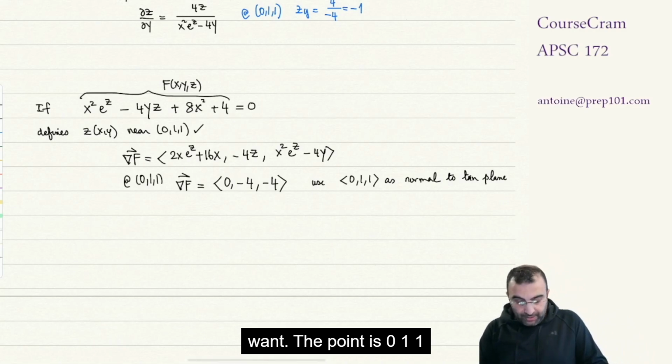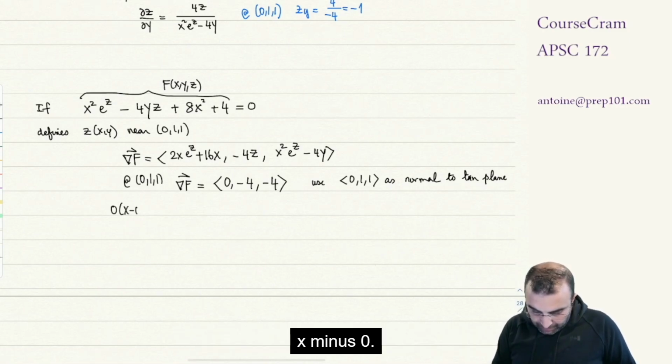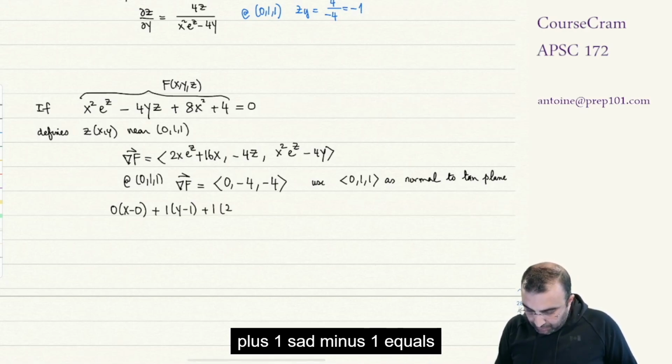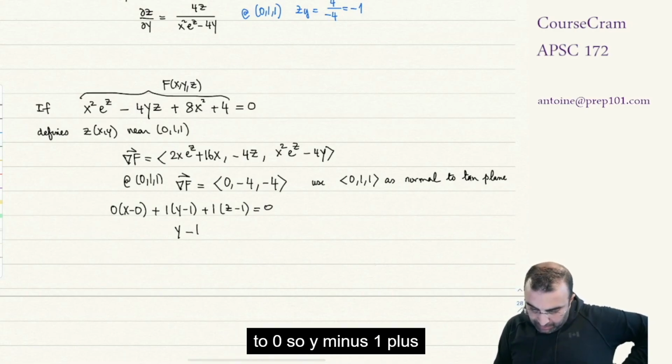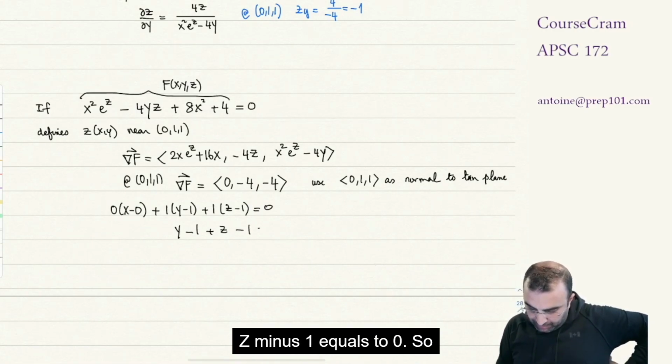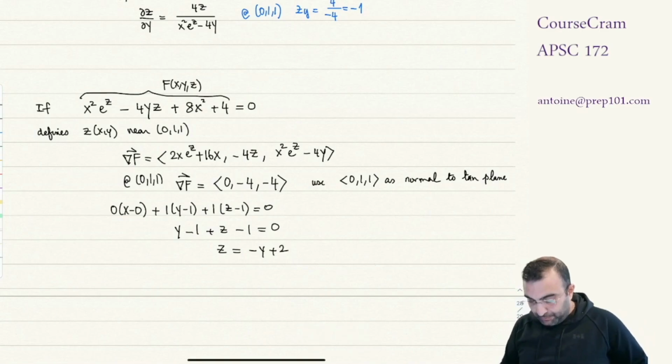The point is (0, 1, 1). So the equation of the tangent plane is 0(x minus 0) plus 1(y minus 1) plus 1(z minus 1) equals 0. So y minus 1 plus z minus 1 equals 0, so z is equal to minus y plus 2.